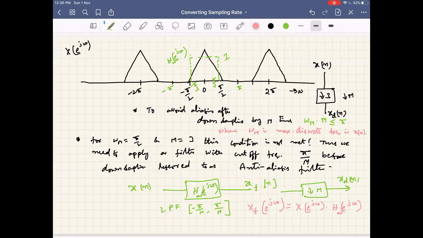And this H of e power j omega is defined as 1 for minus pi by M to pi by M, 0 else. Small omega ranging from, we can also denote usually with mod omega less than pi by M.